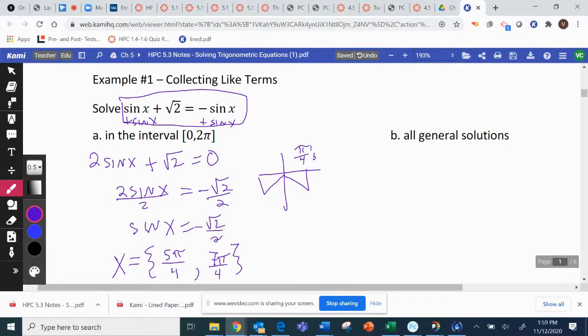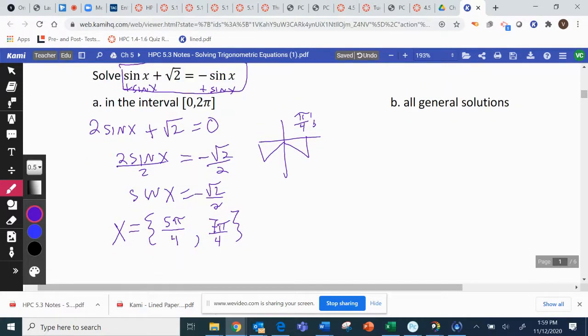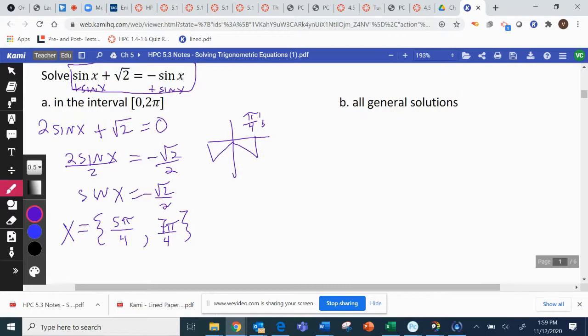Some of the assignment will say to do that, and then some of the assignment won't say to do it on the interval. If it doesn't say to find it within the interval, then what it means is general solutions. This answer at 5 pi over 4 would be the exact same location if I went around the graph more than once, or more than twice, or more than 3 times. I would keep landing there every single time it went around another how much? What's the period for sine?